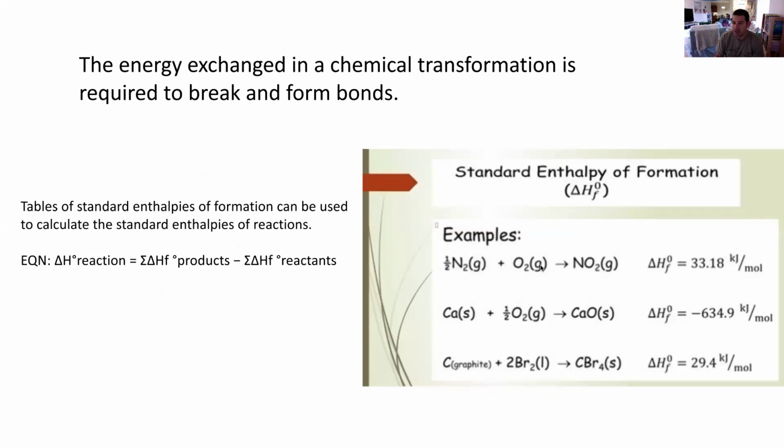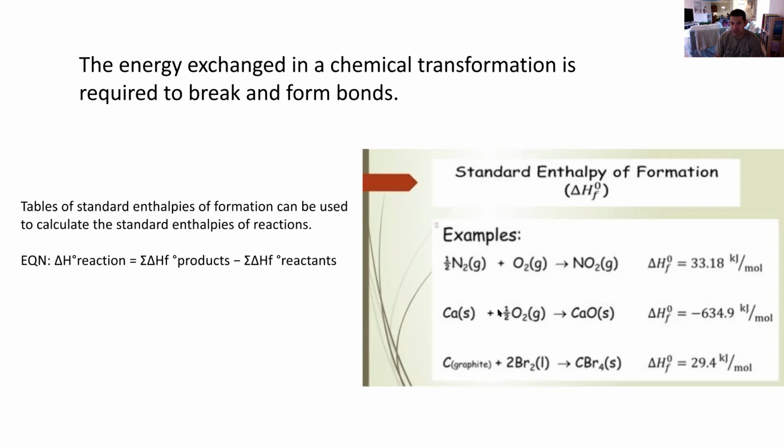They start out with the pure elements. They are always written in such a way that the product always has a coefficient of 1, right? So it's totally fine to use half of a nitrogen or half of an oxygen molecule. So fractions are allowed in the balancing of these reactions, and those standard conditions are 25 degrees Celsius.